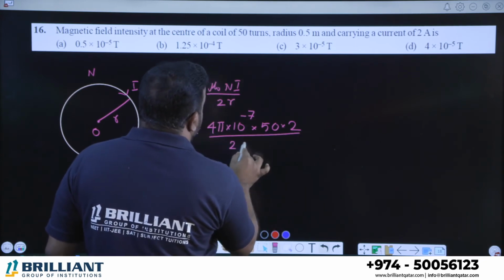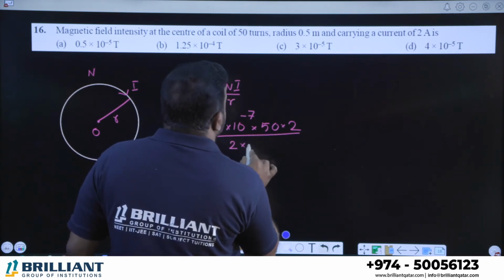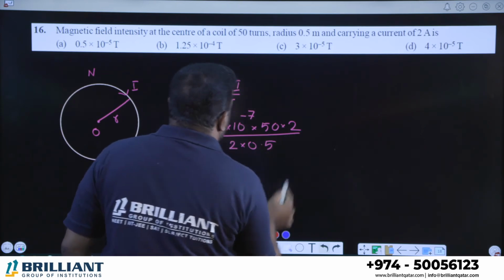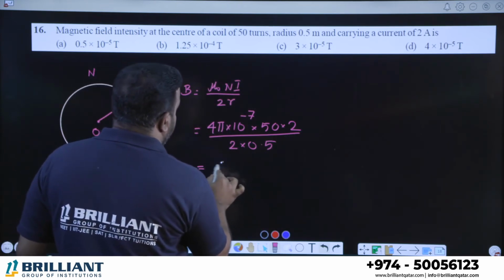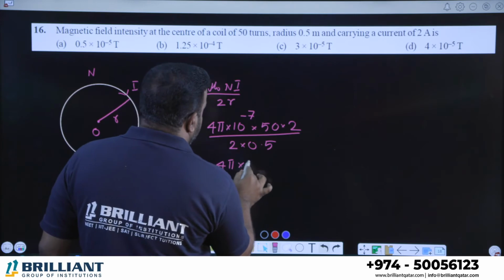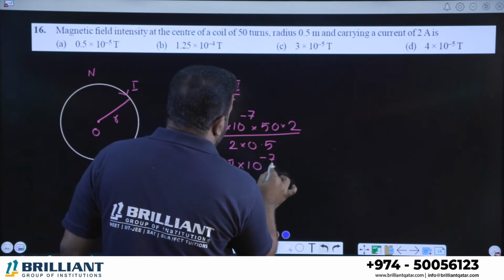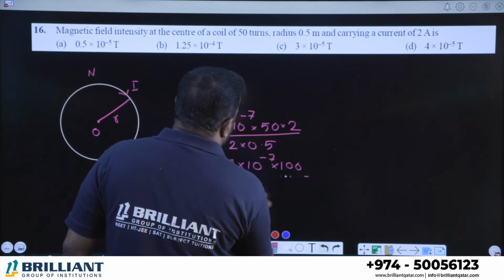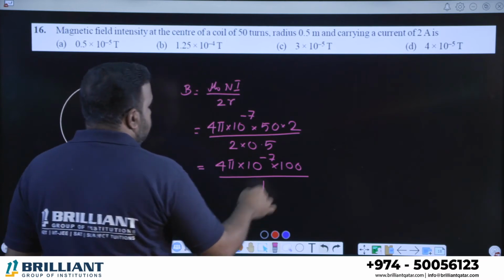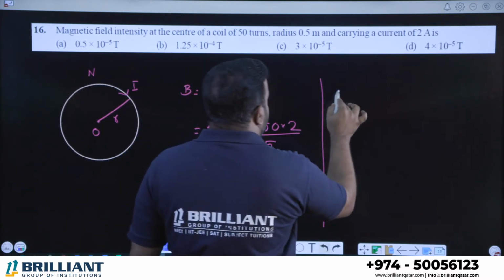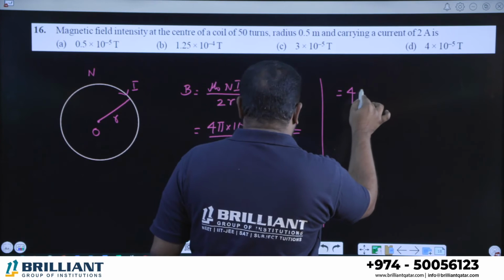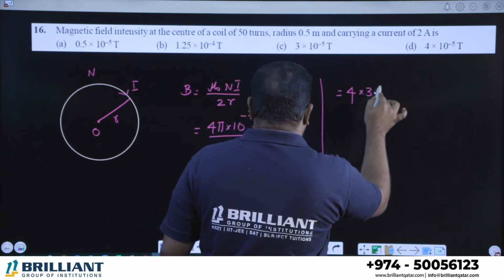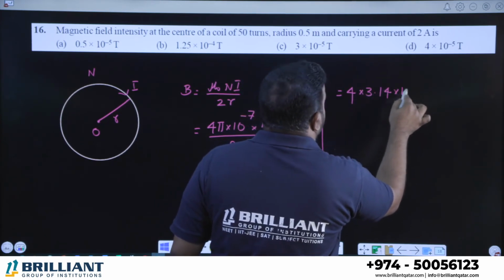Divided by 2 into radius, which is 0.5. So this will become 4 pi into 10 to the power minus 7, 50 into 2 will be 100, 2 into 0.5 will be 1. So this is equal to 4 into pi, 3.14, into 10 to the power minus 5, right?